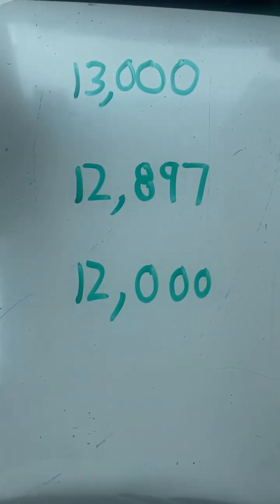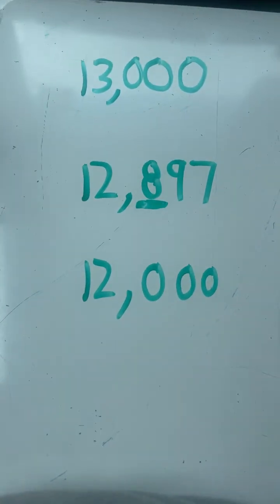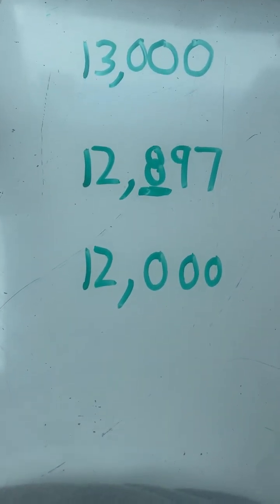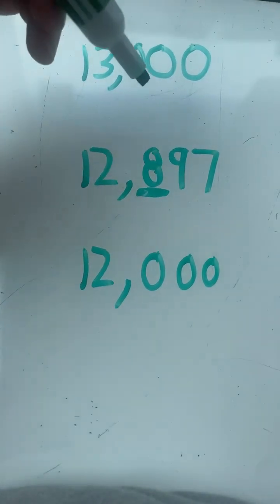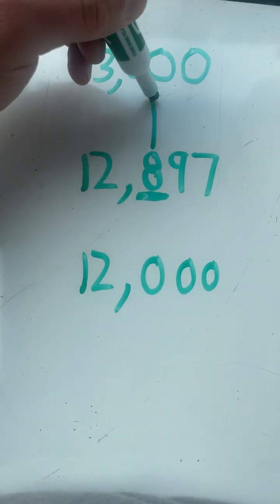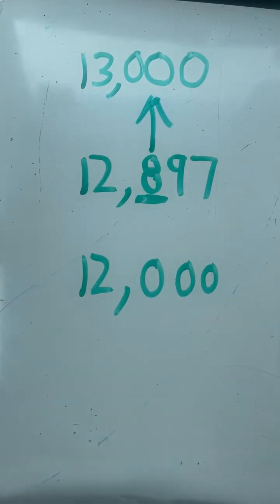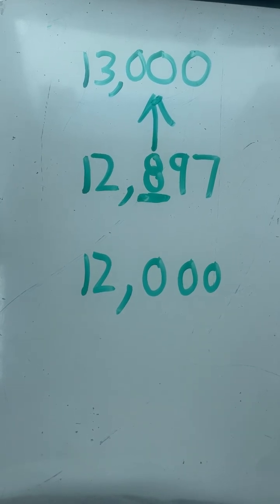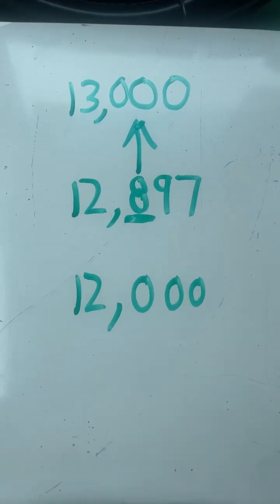So again, we check the digit in the hundreds place. The digit in the hundreds place is 8. 5 or more, we round up. So 12,897, if we were rounding that to the nearest thousand, would round up to 13,000. All right, next example.